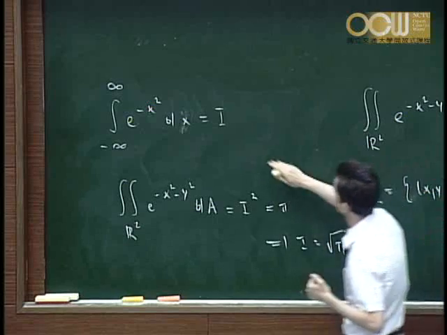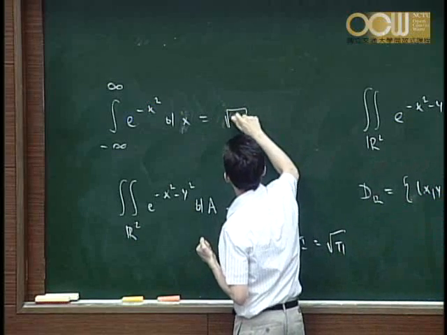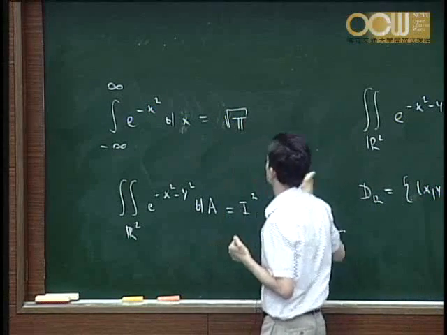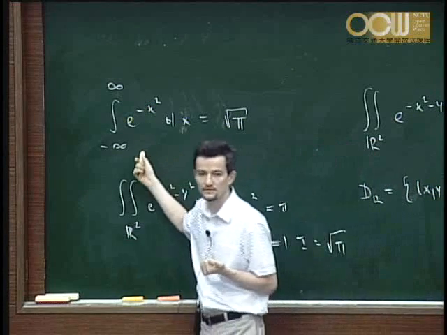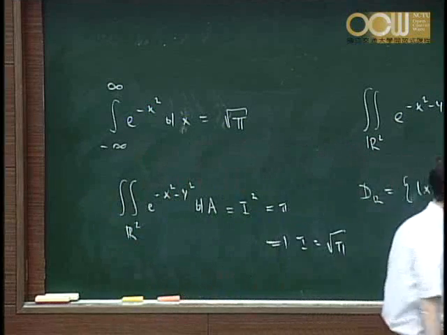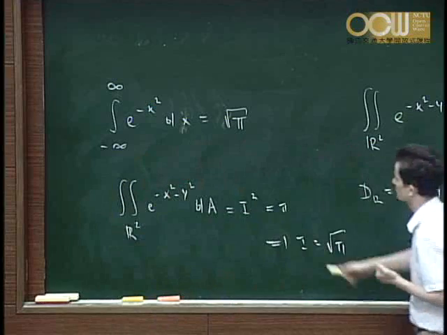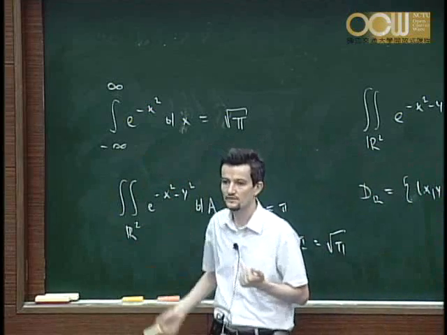So this helps us to find the value here. You see, this is something quite unexpected, that you can use double integrals in order to compute single integrals. And this evaluation of this single integral is certainly the easiest one possible.